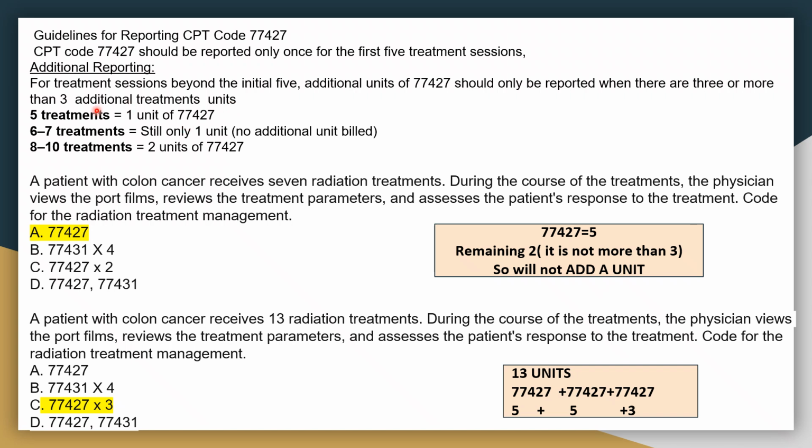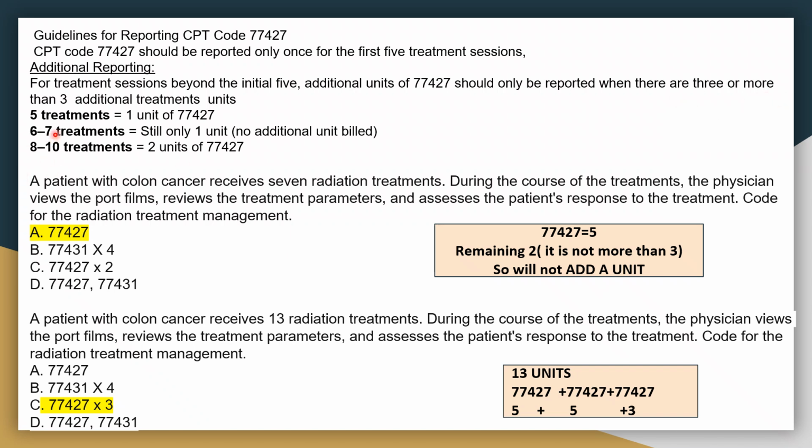So for example, when we have given 5 treatments to the patient, I'll write only 77427 one time. If it is 6 to 7 treatments, still I will write only 1 unit. Why? Because 6 means 5 plus 1, 7 means 5 plus 2. And what is my mantra? 3 or more than 3.